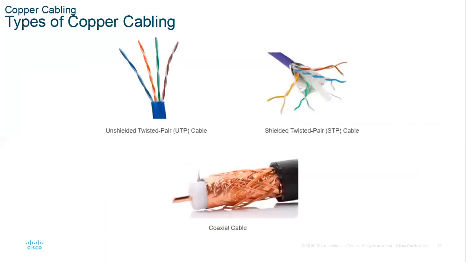So the different types of copper cables, you have the UTP, unshielded twisted pair, the shielded twisted pair, the coaxial cable. So this one will lose signal compared to this one, then compared to this one. Why? You see this shielding, it helps.